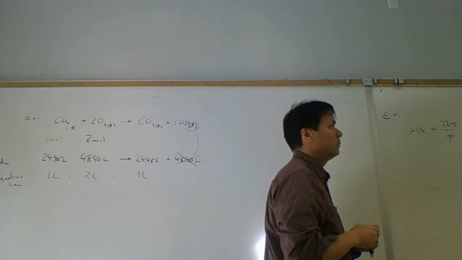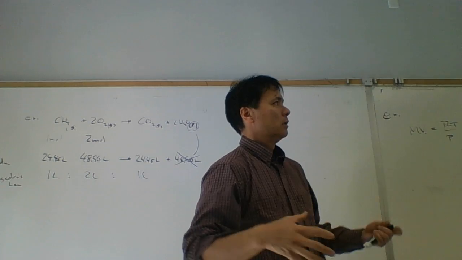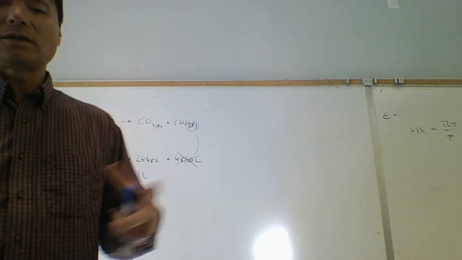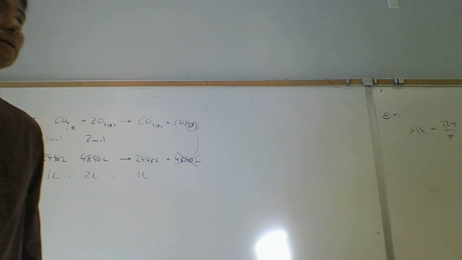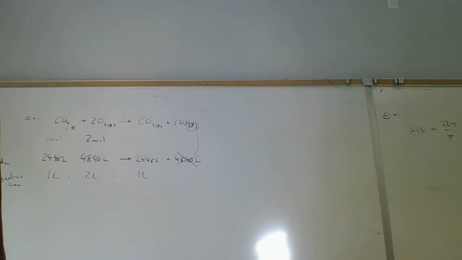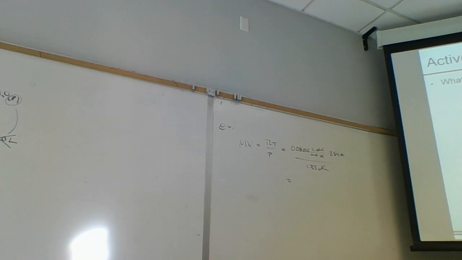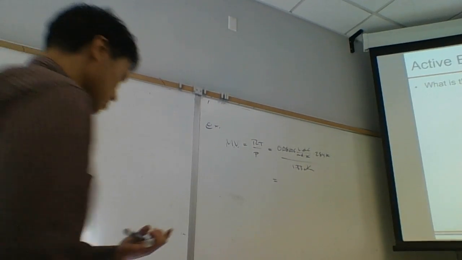And so when we look at this, the temperature's colder. If the temperature's colder, will the gas contract or expand? Contract. So the volume's going to be smaller. And the pressure is higher. If the pressure is higher, will the gas expand or contract? It'll contract as well. Higher pressure is going to squeeze it into a smaller volume.